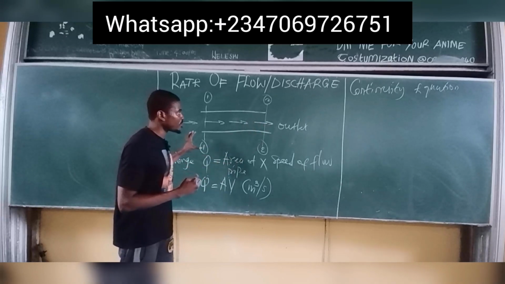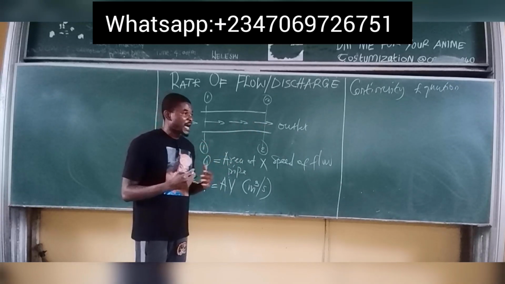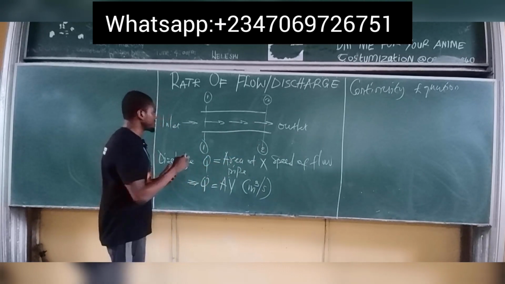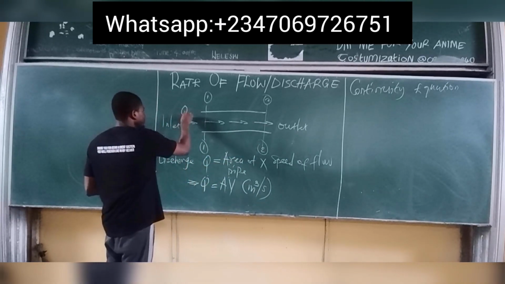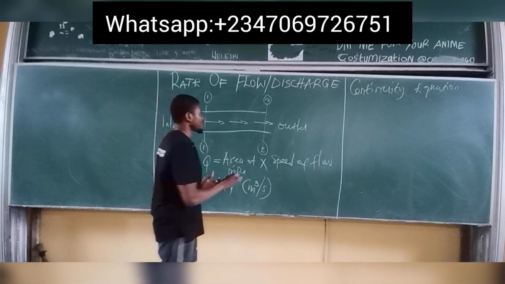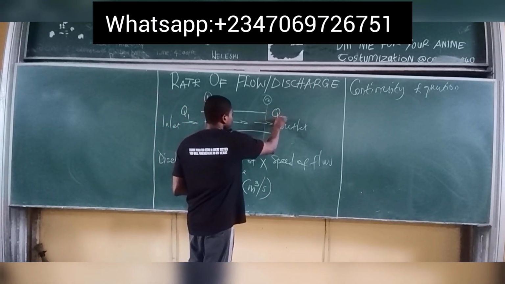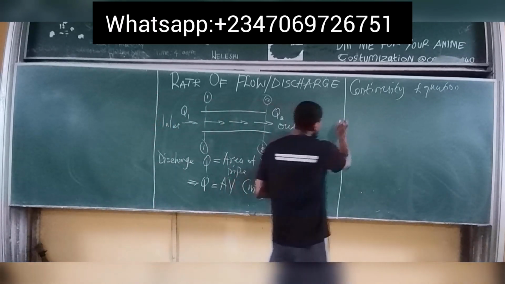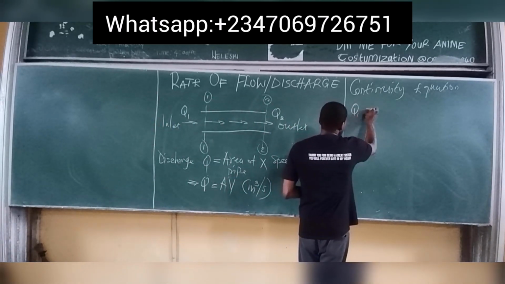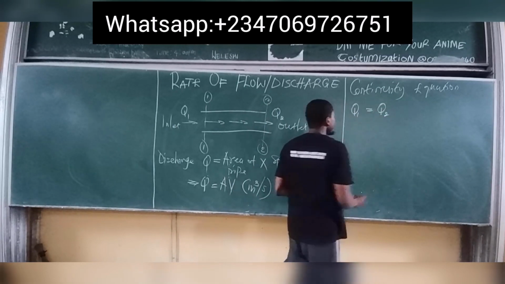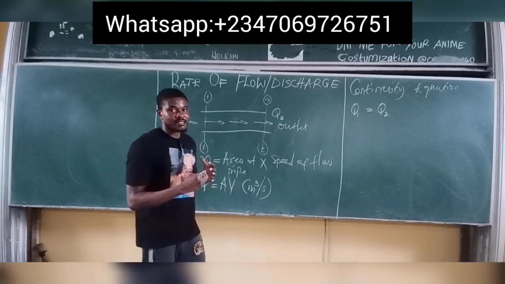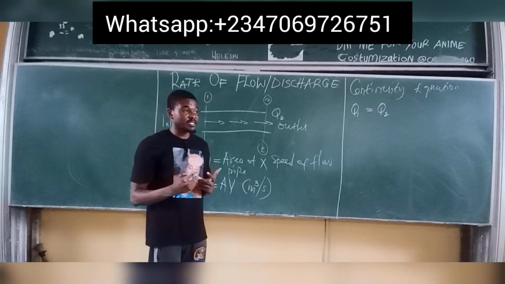So if we have a pipe in this manner, having an inlet and an outlet, the law is saying that the discharge at the inlet, called Q1, must be equal to the discharge at the outlet, called Q2, for the flow to be continuous. And therefore, this implies that Q1 is equal to Q2, where of course we know that Q1 means the area at section 1 multiplied by velocity at section 1.